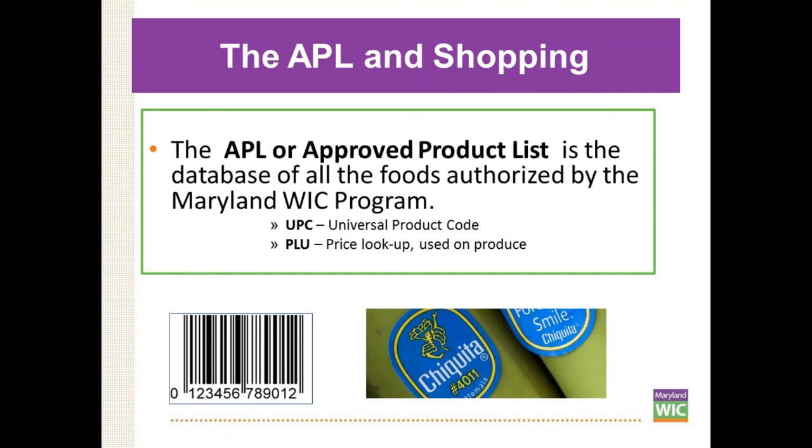Just as a reminder, the UPC, or the Universal Product Code, or barcode, that you see on the products is shown on your left. It is used by grocery stores to scan items so that they know what items are purchased and what cost is for that specific item. The PLU, or price lookup code, that you see on the bananas is used for produce.